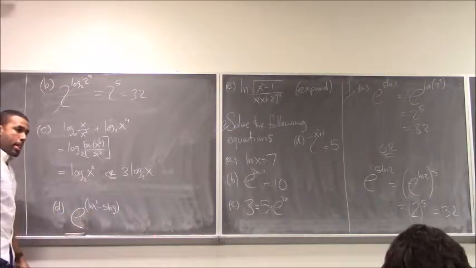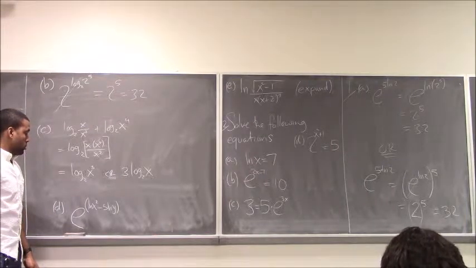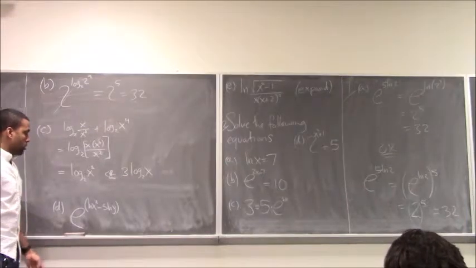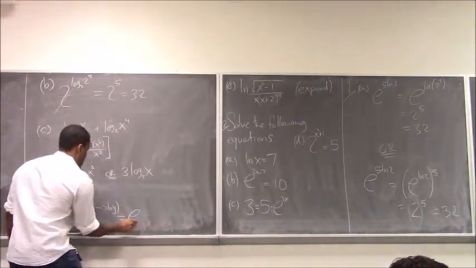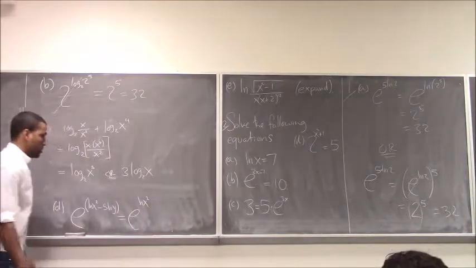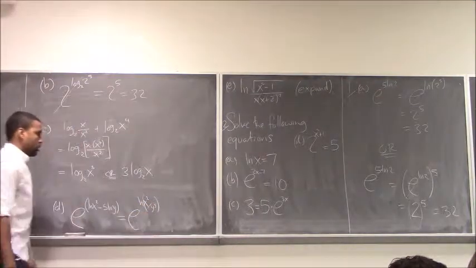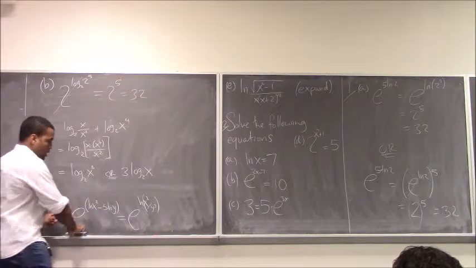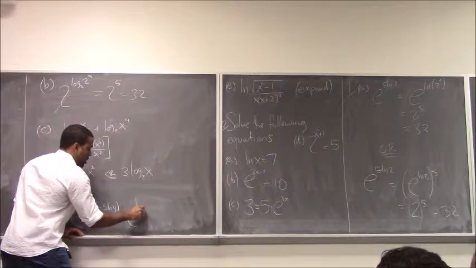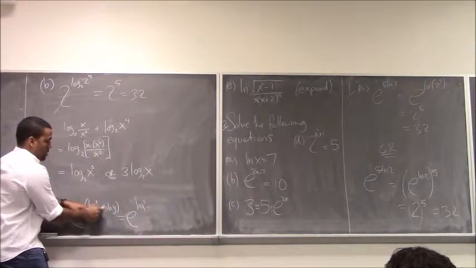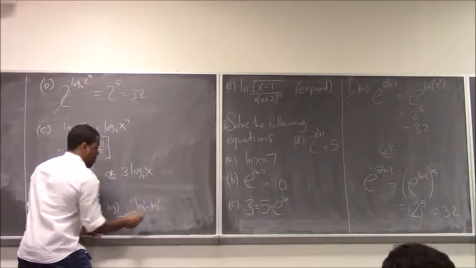What about this one? You solve the logs in the power and then you just cancel it out. Okay, so e to the ln x squared divided by y to the fifth. Let's do a couple of steps here to see what happened. e to the ln of x squared minus, first I took the 5 and brought it up here, ln of y to the fifth.